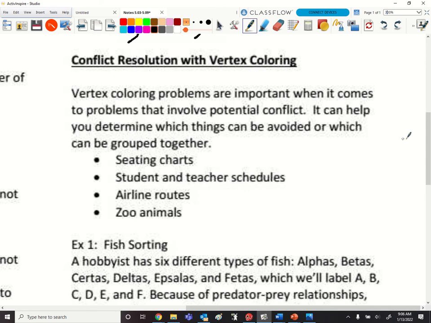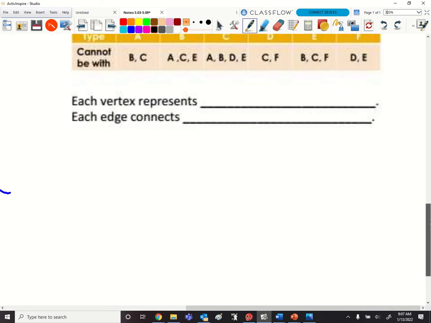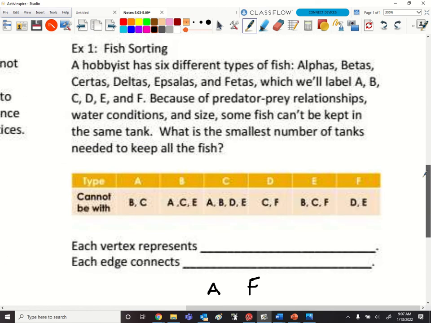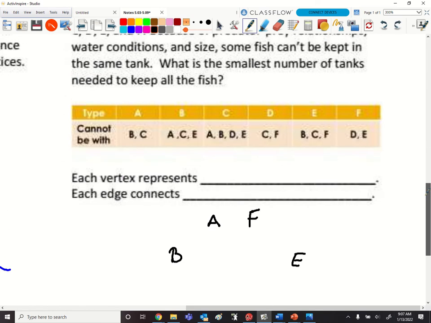So we have 5 fish. Wait, there's an F in there, so that makes 6. Did I do that? 6 fish, yes, sorry.